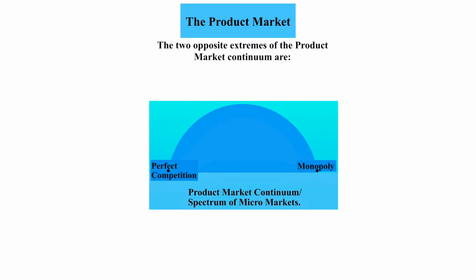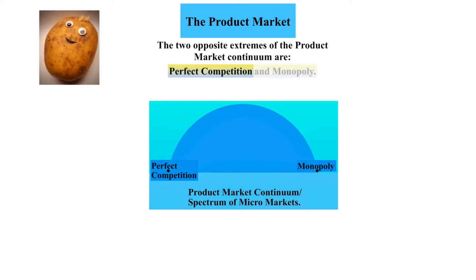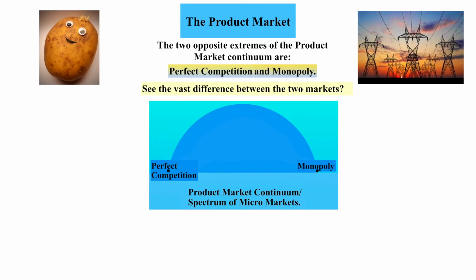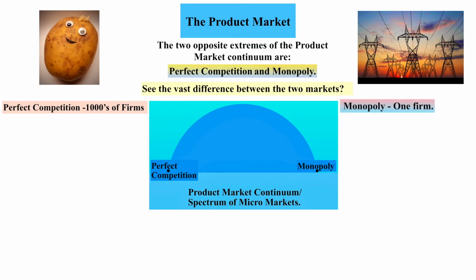The two opposite extremes of the product market continuum are perfect competition on the left and monopoly over on the right. See the vast difference between the two markets? Perfect competition has thousands of firms. Monopoly, one firm.